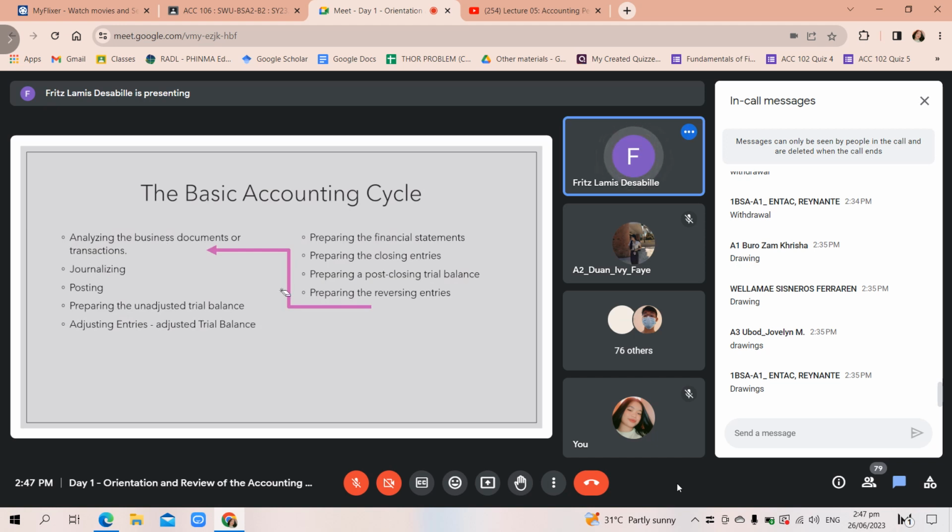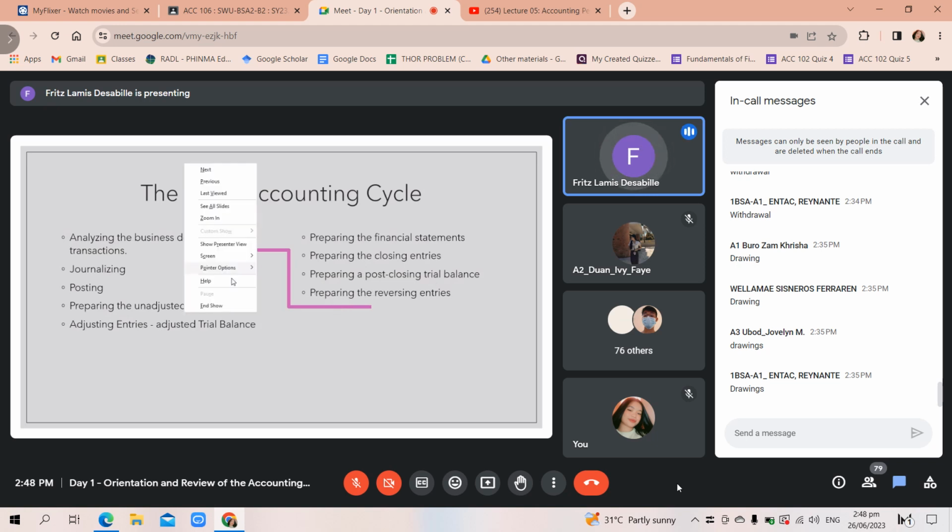Kaning next, mao na ginatawag na summarizing phase: financial statements, closing entries, post-closing trial balance, and reversing entries.